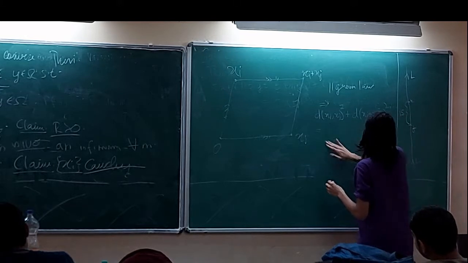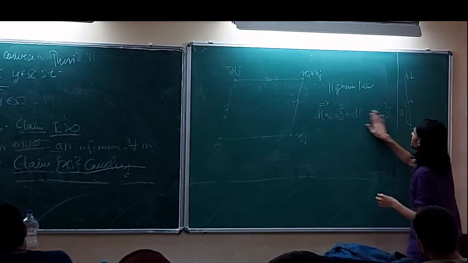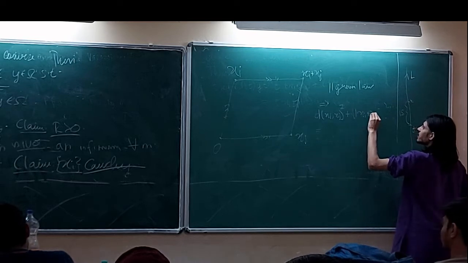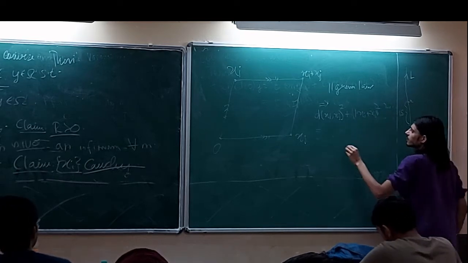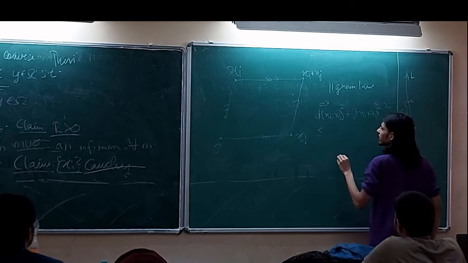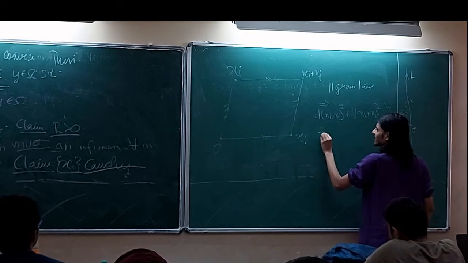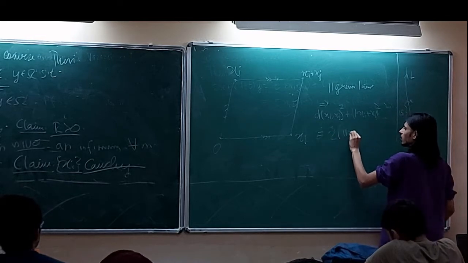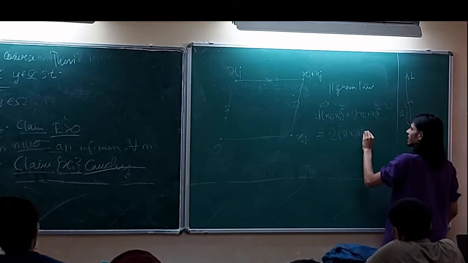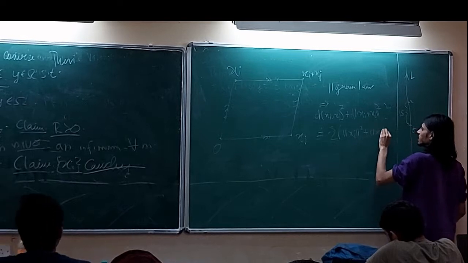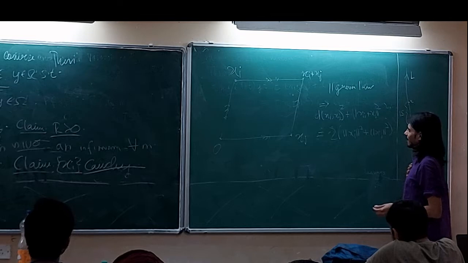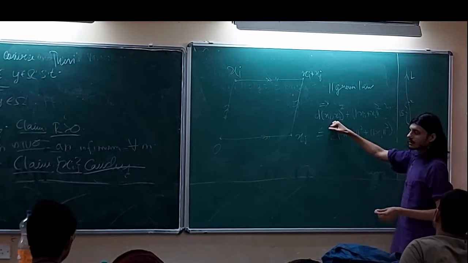So basically speaking, you just get the norm. Norm of xi plus xj whole square is equal to 2 times norm of xi square plus norm of xj square, right? This is what the parallelogram law tells us.